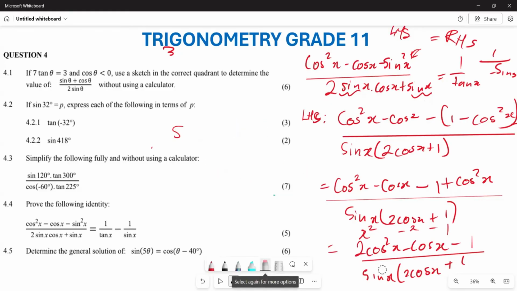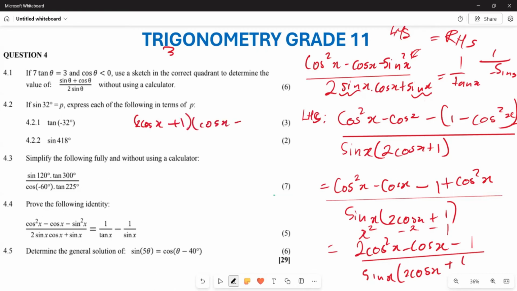So let's try and factorize and see what it is that you're going to have. As we are factorizing, the answer that you are going to get here is 2 cos x plus 1, and this is going to be the same as cos x, subtract 1, divided by sine x into 2 cos x plus 1.